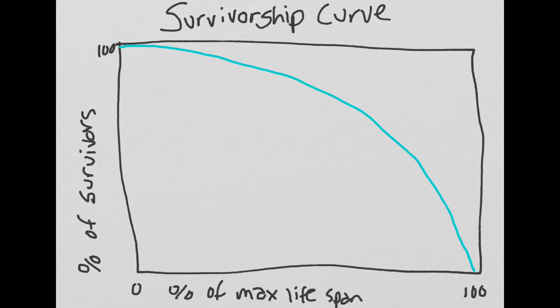At the beginning of life, surviving chances are very high. Not many die in the first few years of life, and as it approaches the max lifespan, quickly everybody dies off.